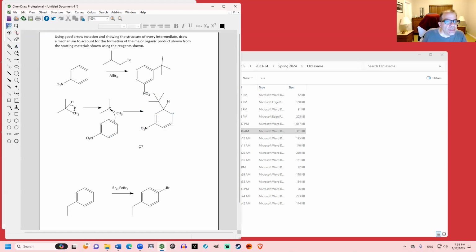So you get this resonance stabilized intermediate. And then all we need to do to restore aromaticity is pull this proton off. So we need to figure out what to use as our base. And in order to do that, we look at what we're given. We're given this alkyl bromide and aluminum bromide. That means that we're going to form the tetrabromoaluminate ion. That is aluminum with 4 bromines and a minus charge.